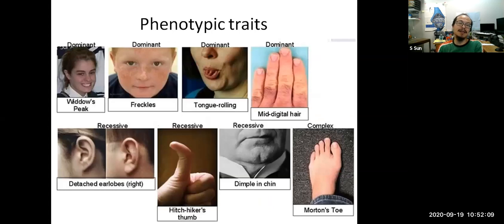And in human beings, we can also find different traits that fit into Mendelian law. If you look at yourself, there is the widow's peak, that's the hairline right here.